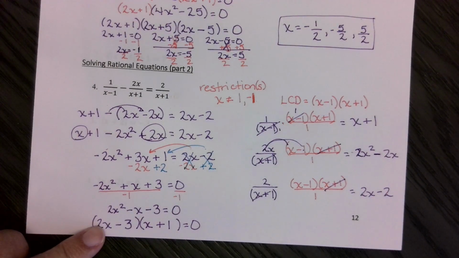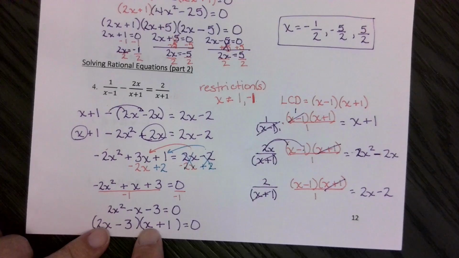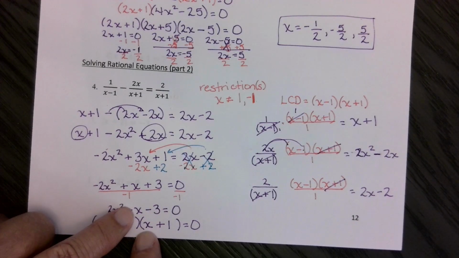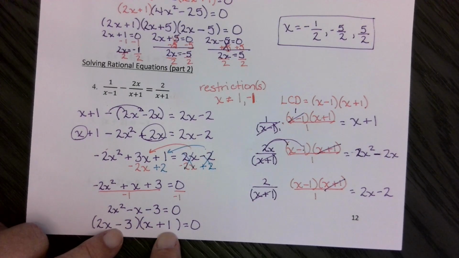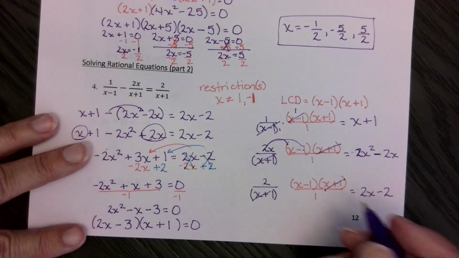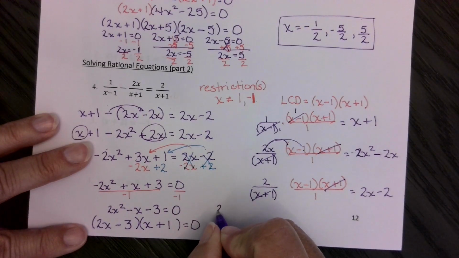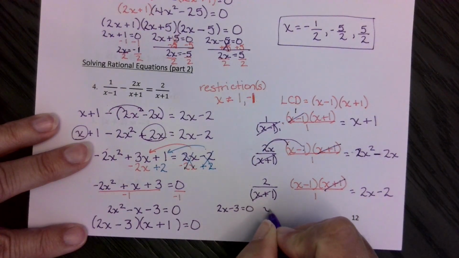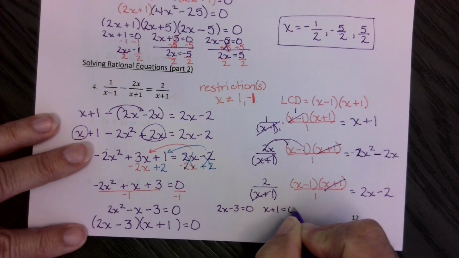So I'm going to do that by doing FOIL. This gives me 2x squared, positive 2x, negative 3x, which gives us negative 1x, and negative 3 times 1 gives us negative 3. So it's factored right. So now I take the 2x minus 3, set it equal to 0, and I take the x plus 1, set it equal to 0.